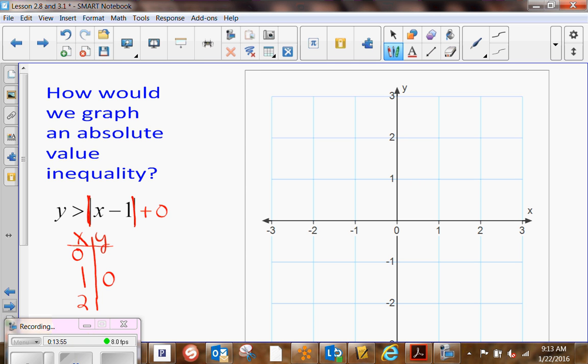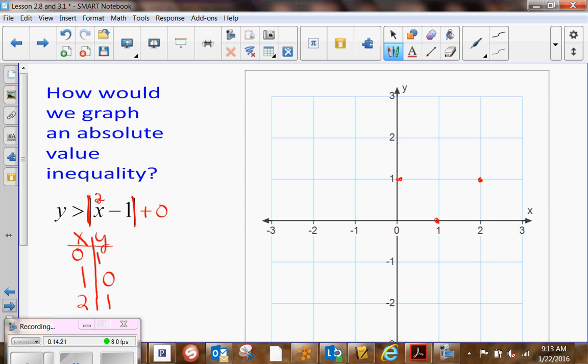I'll plug a 0 into the original equation. I will get 0 minus 1 is negative 1, but the absolute value is 1. If I stick a 2 in for x, 2 minus 1 is 1. The absolute value is 1. So it got me 3 points: 0, 1; 1, 0; and 2, 1.